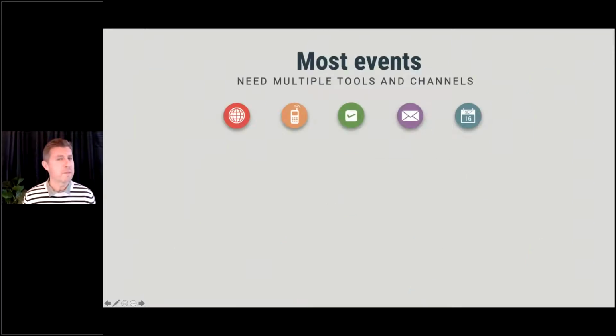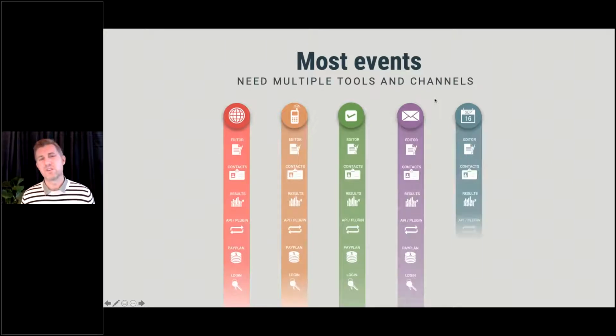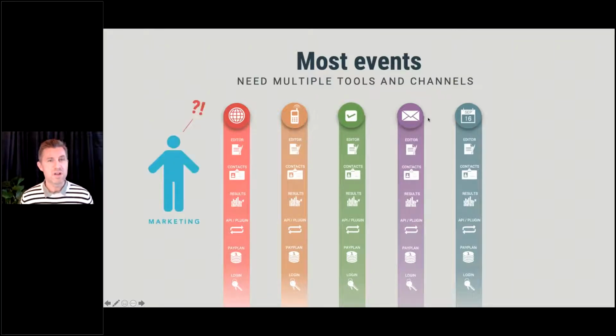Because you need your website or your landing pages. Maybe you want to do some mobile communication, you want to take registrations, evaluations, and so on. And if you tie all of these things together with different tools, surely you can. You can use your Survey Monkeys for the surveys, your MailChimps for the emails, and so on. But you will need to tie everything together, and it's easy to lose the big picture of what's going on.